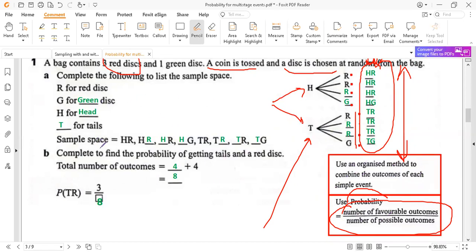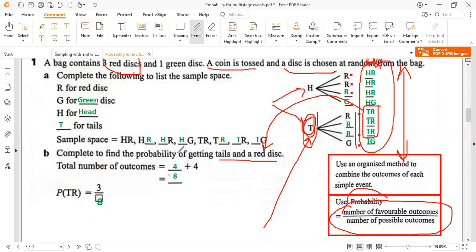And what about finding the probability of getting tails and a red disc? Tail, so we are interested in this branching, and red disc, 1, 2, 3. So these 3 outcomes answer this question: 3/8.